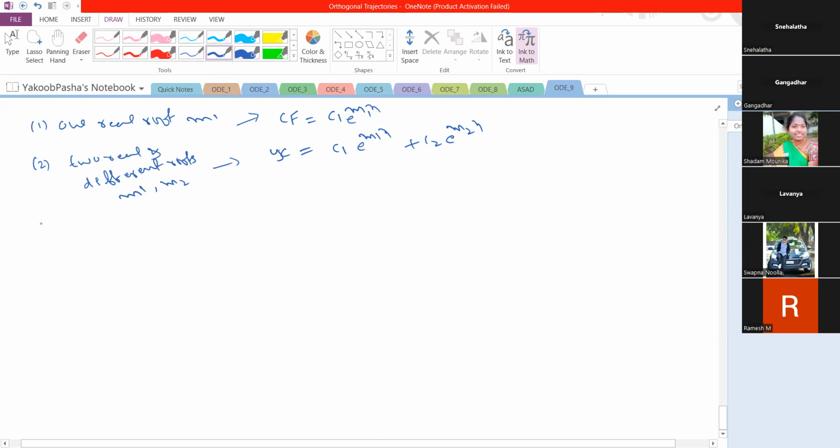And so on. If we take three roots m1, m2, m3, which are all distinct, then the complementary function is C1 e to the power of m1x plus C2 e to the power of m2x plus C3 e to the power of m3x.